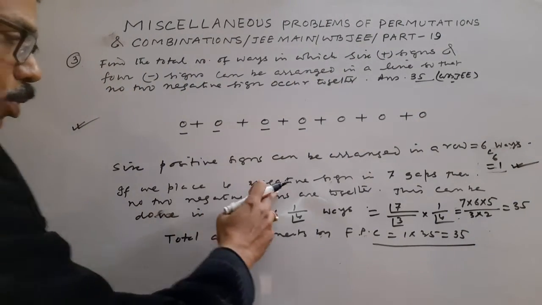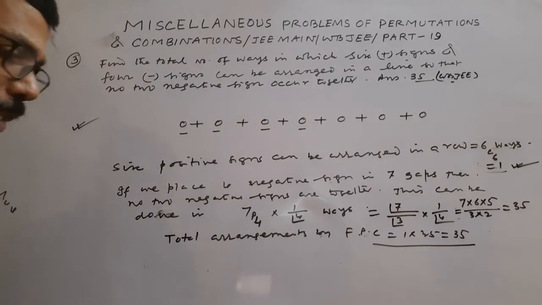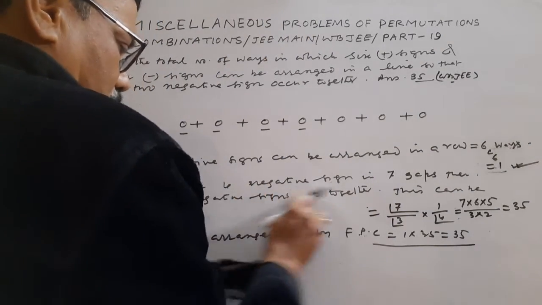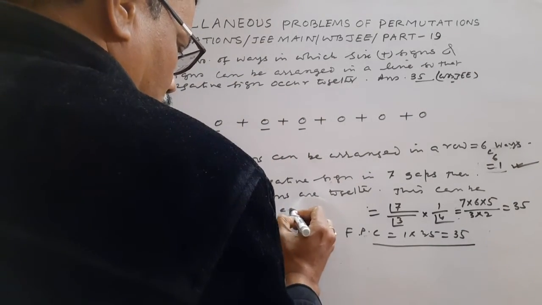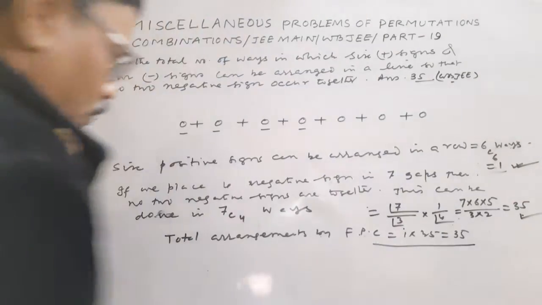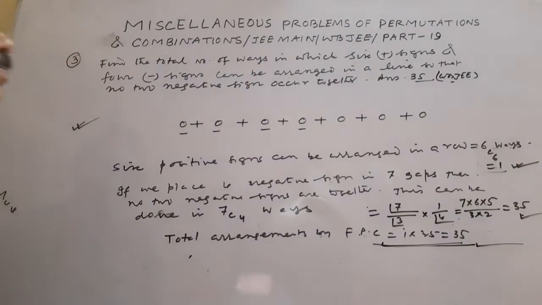Now if we place 4 negative signs in 7 gaps, then no two negative signs are together. Negative signs are alike. So that is why we can write 7C4 ways equals to factorial 7 by factorial 3 into factorial 4. So total arrangements equals to 1 into 35.